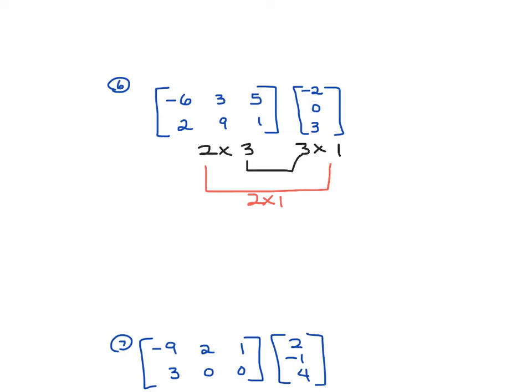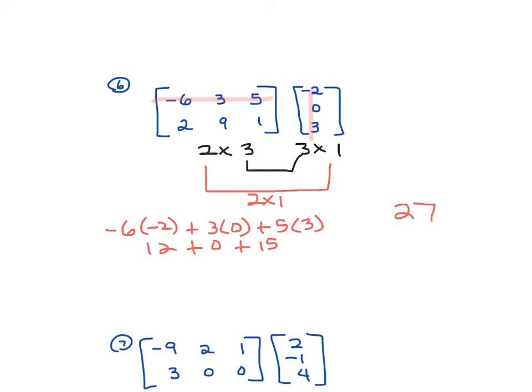So again, we're going to multiply row 1 times the column, -6 times -2 plus 3 times 0 plus 5 times 3. 12 plus 0 plus 15 gives me 27.